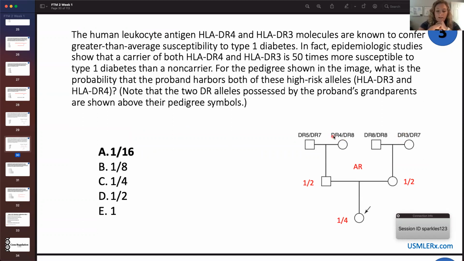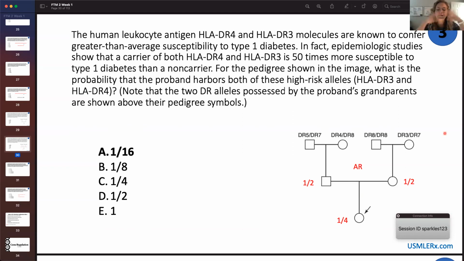So only one parent of the proband's parents, so the grandparents, is going to be heterozygous even for this disease causing allele. So there's going to be a 1/2 chance that that is passed down to either of the parents, because there's one on each side. And then just the 1/2 times 1/2 for both of this person's parents is just going to give you 1/4.